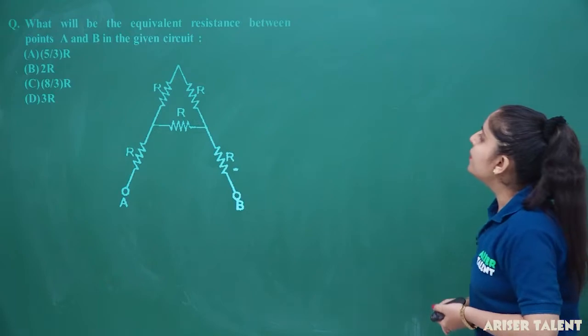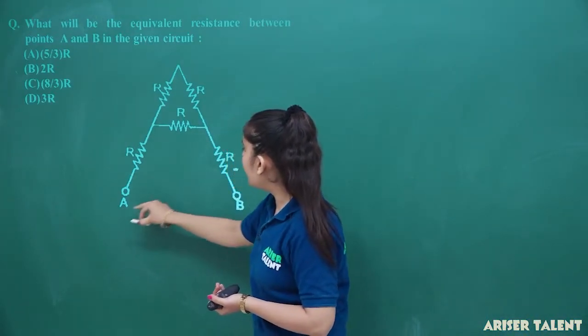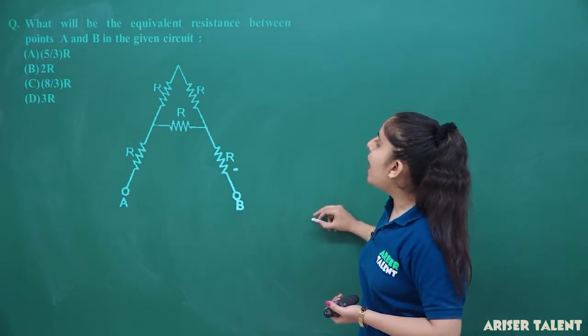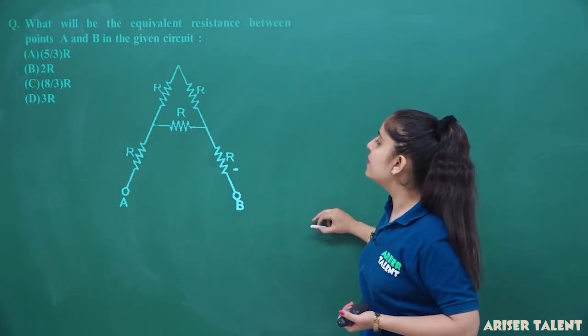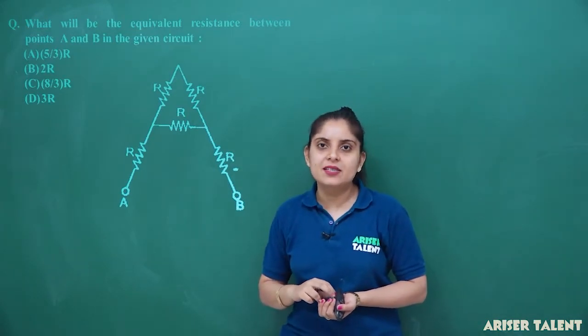What will be the equivalent resistance between point A and B in this given circuit? This is our point A and this is our point B, and you have to determine the equivalent resistance. So, you have to solve this structure for finding out the equivalent resistance in the circuit.